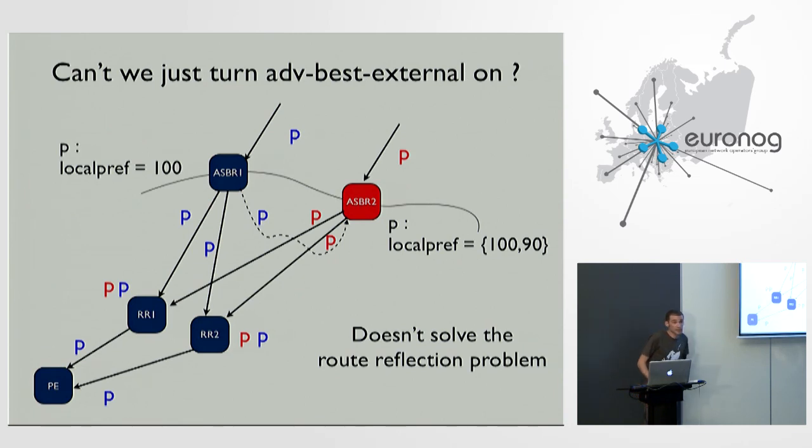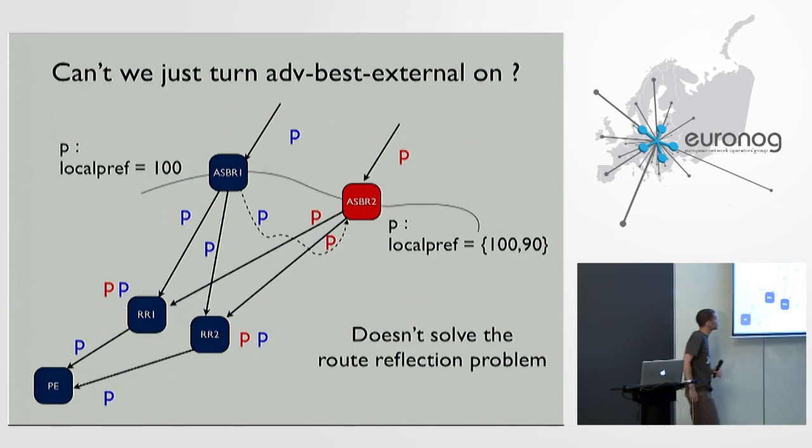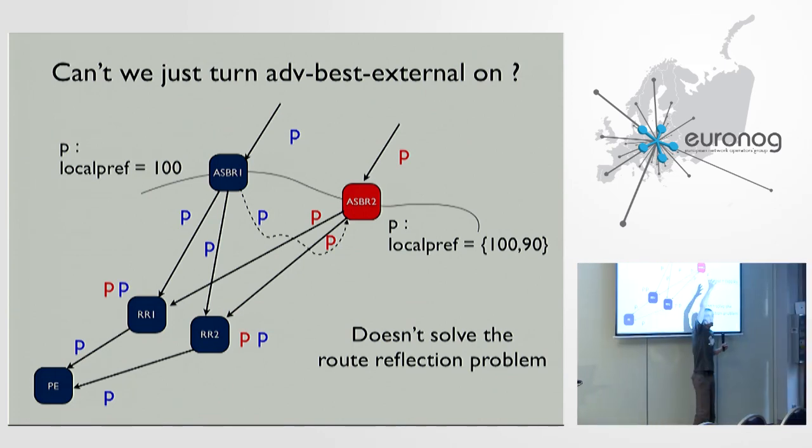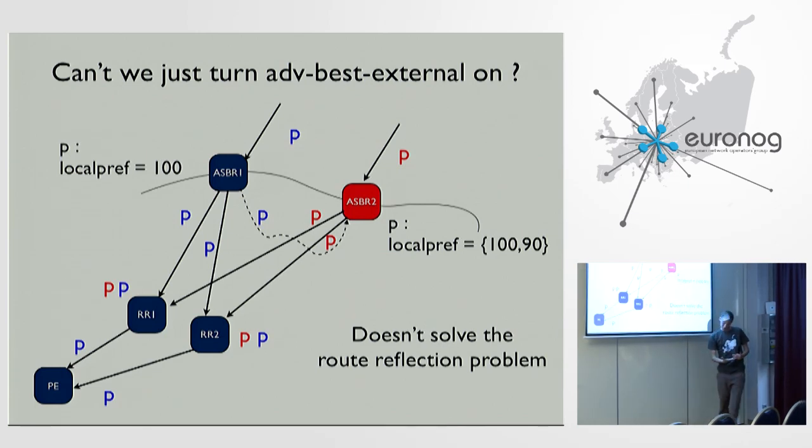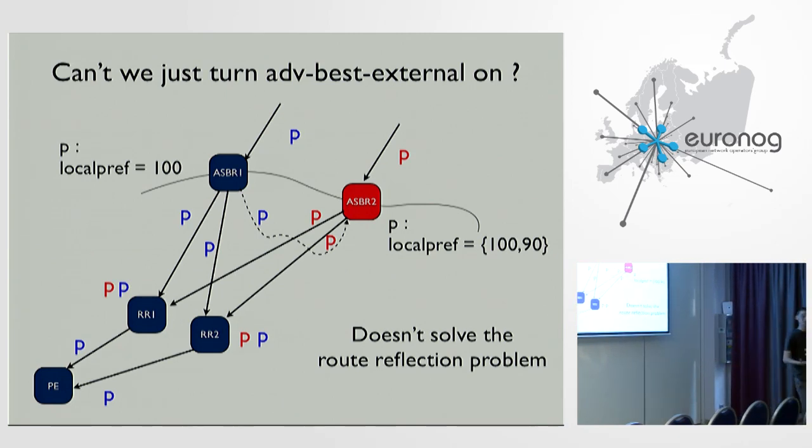So there is this nice tweak called advertise best external, which will let a router advertise an eBGP path over iBGP, even though it is not its best path. So when ASBR2 prefers an iBGP learned path, if it figures out that it owns an eBGP path, it will still advertise it to the route reflectors, even if it's not installed.